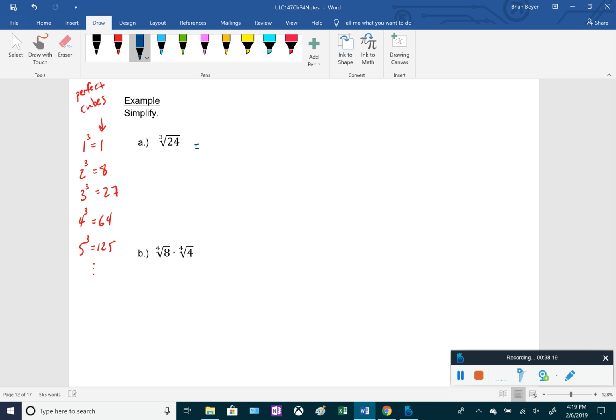So we could chop up 24 as 8 times 3 because we see that 8 is a perfect cube. And then we can use those rules and say that's the same thing as the cube root of 8 times the cube root of 3. The cube root of 8, we think what times what times what equals 8? The answer is 2. So it'd be 2 times the cube root of 3.